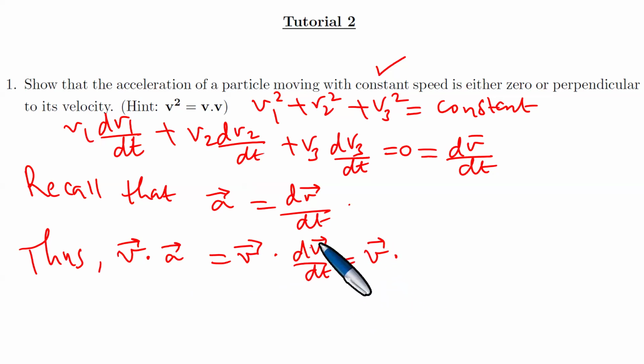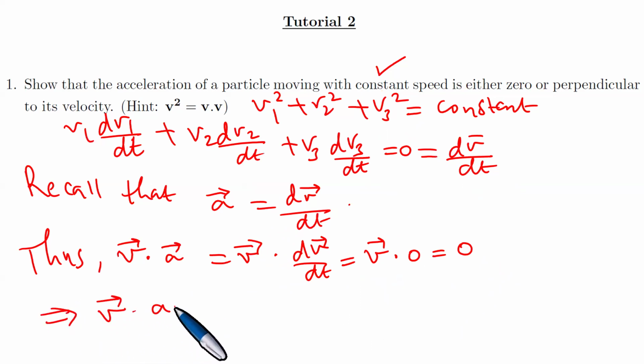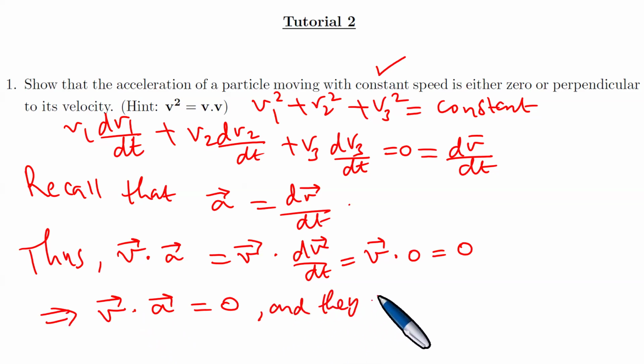Velocity dot dv dt. Well, dv dt is acceleration, but the derivative of the speed is 0. Why? Because the speed is constant. And therefore this is 0. This means that as a consequence, velocity and acceleration have a dot product of 0, and they are orthogonal.